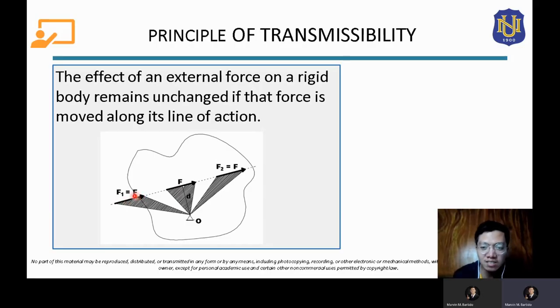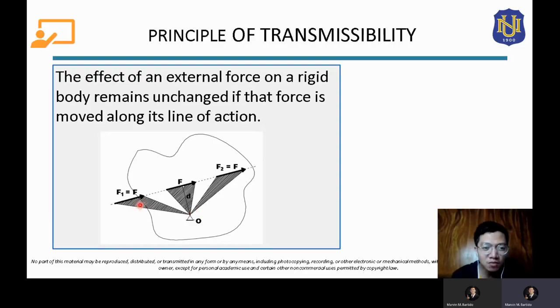We just transfer it along the line of action. If we solve for the moment of this force about that same point O, it will just give you the same moment. It will also be F times its perpendicular distance, wherein, if you extend this line of action, it will be the same perpendicular distance d.